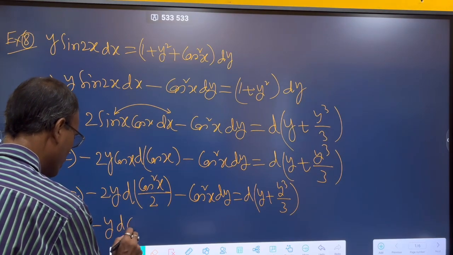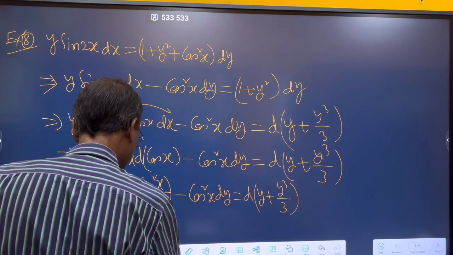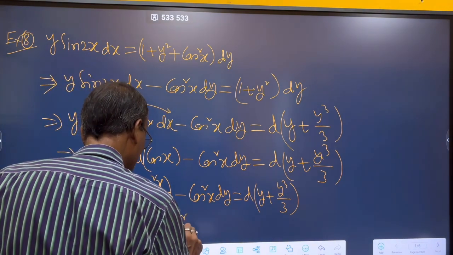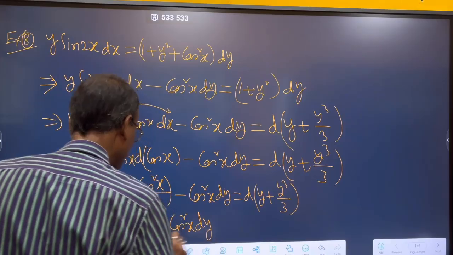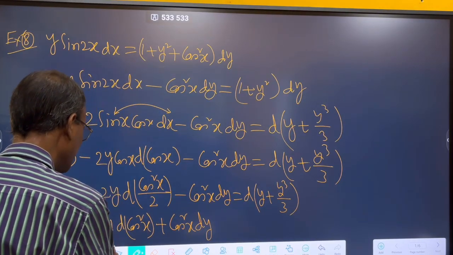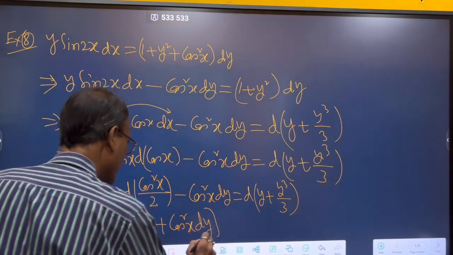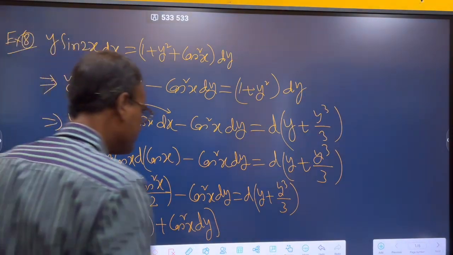Finally, you may write it as minus y d of cos square x plus cos square x dy, this can be written as minus d of (y cos square x).